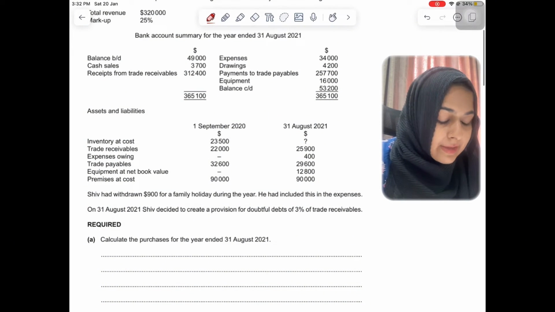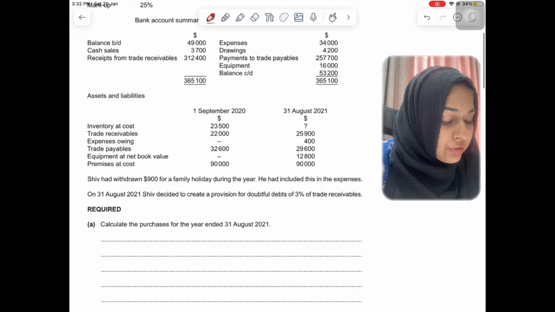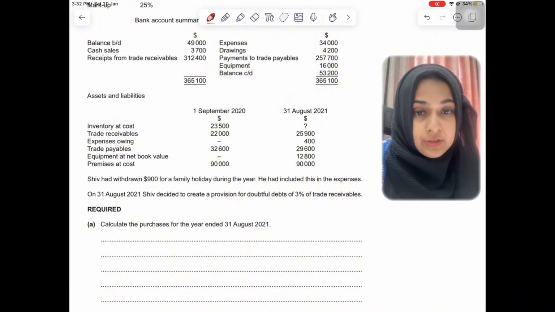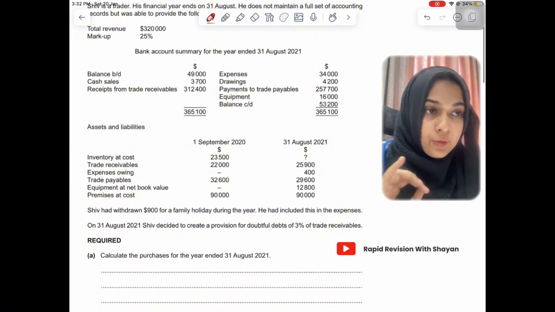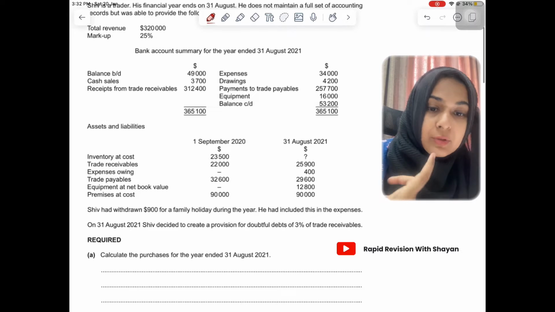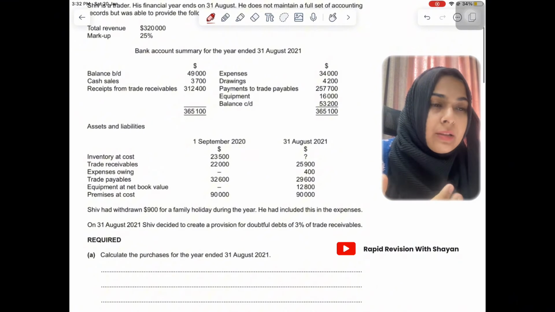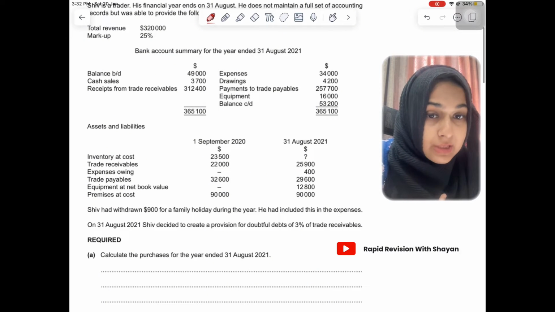Then we have assets and liabilities at the start of the year, that is 1st September 2020, and at the end of the year, that is 31st August 2021. But if you look here, you just have a question mark for closing inventory. So they haven't given you a closing inventory. Whenever they give you markup, they make some value unknown. Here they've made closing inventory unknown.